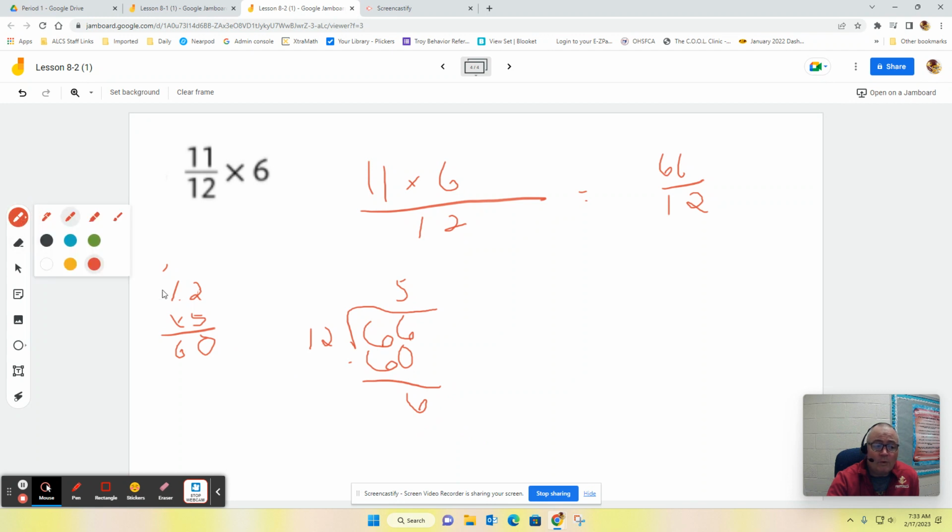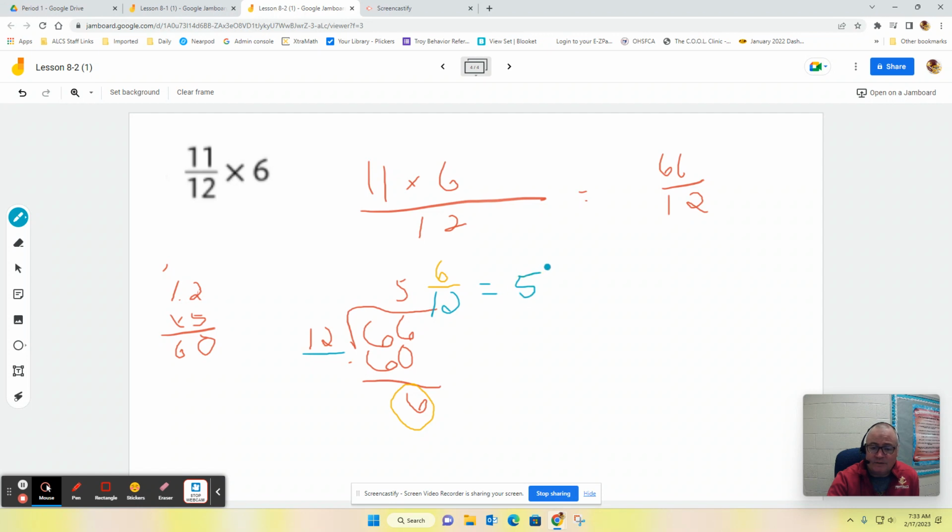I can rewrite this remainder, right? I'm not going to annex zeros today. We're going to rewrite the remainder as a fraction. So that remainder becomes my numerator and my divisor becomes my denominator. So now I know my answer is 5 and 6/12. Well, 6/12 is equal to 1/2.